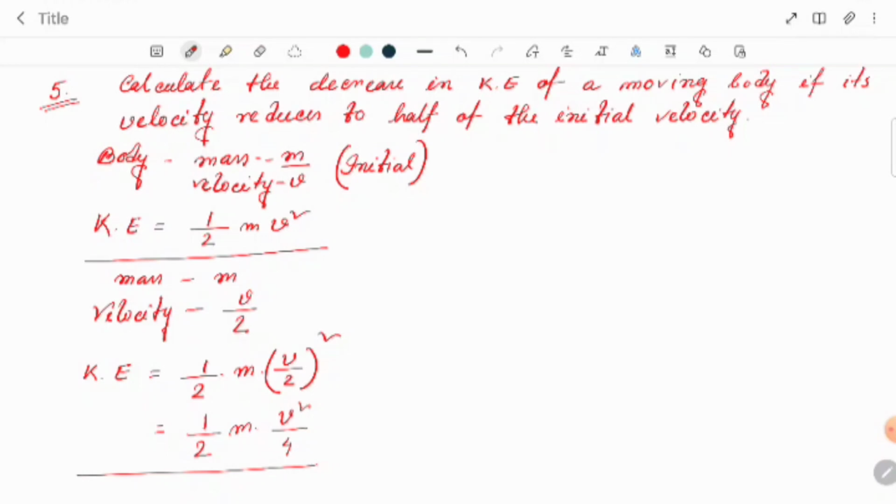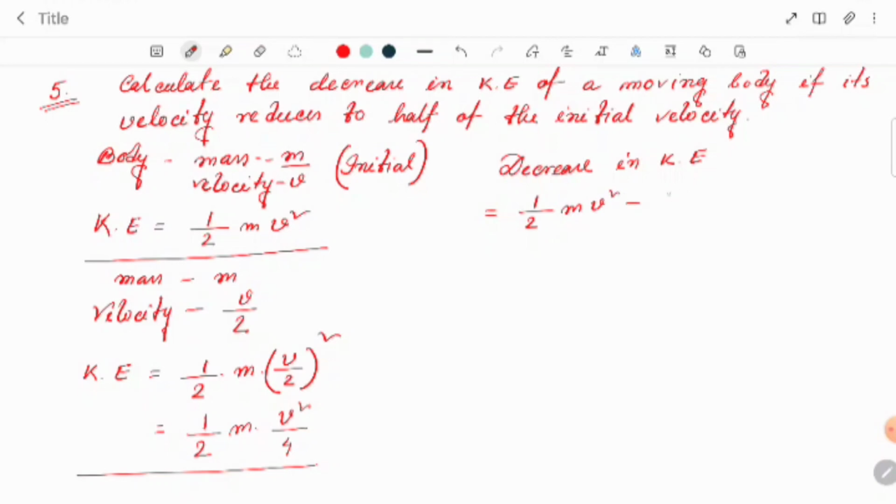Now what they have said is to calculate the decrease in kinetic energy. At first it was half m v square.